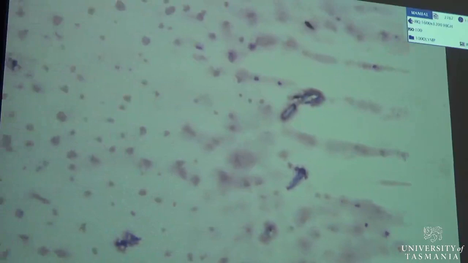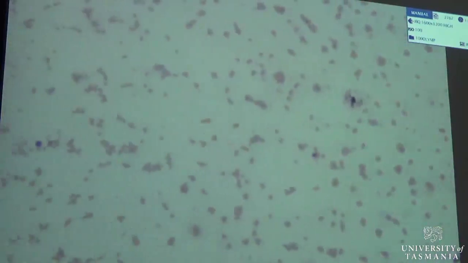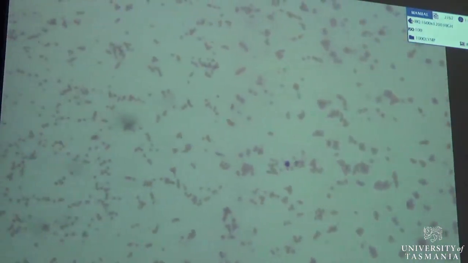So the trick is to find an area to have a look at your cell morphology just up from the tail where you start to see the cells being more evenly distributed. So again, this is quite a hard film to do that on because we have so few cells.